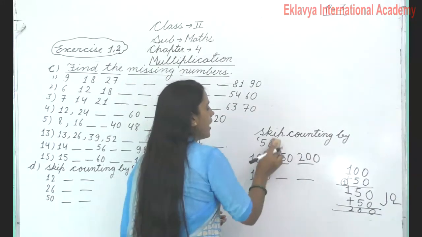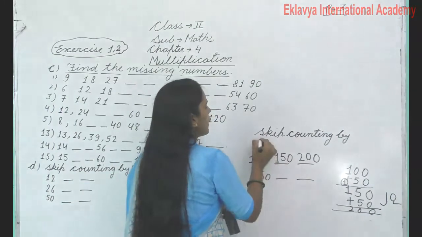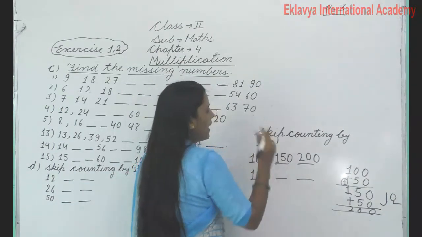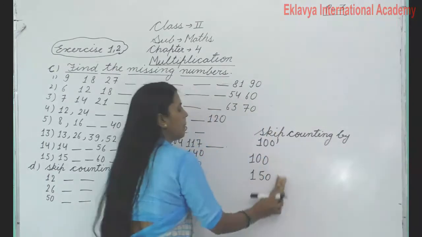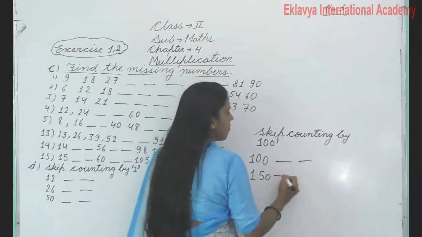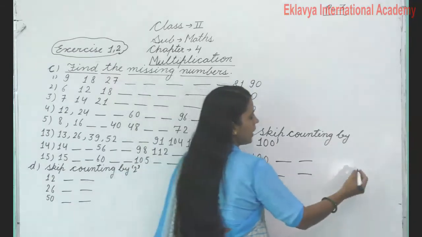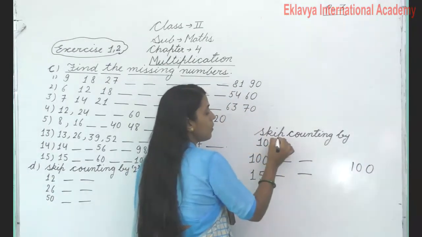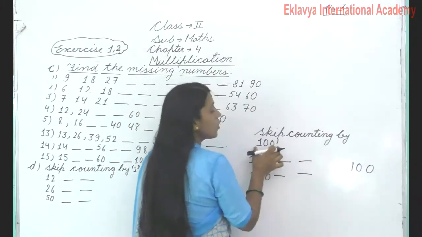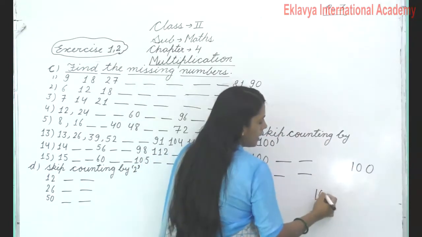Suppose I have written here 100, skip counting by 100. Okay, suppose I have given you a number 100, we will put 100 on the rough side, and like this we have skip counting also 100, we will put it.